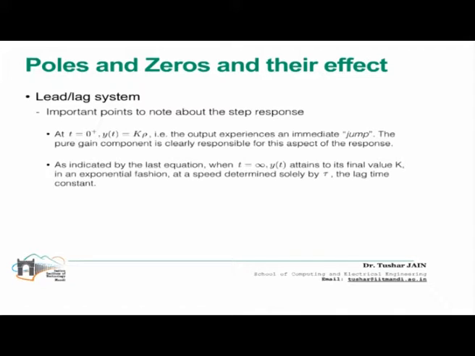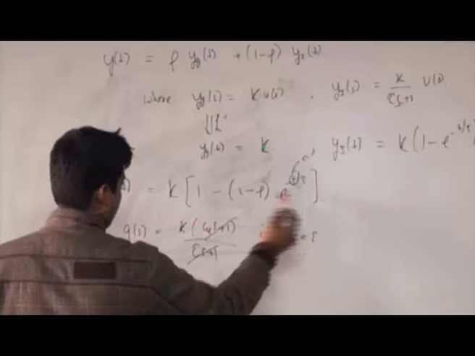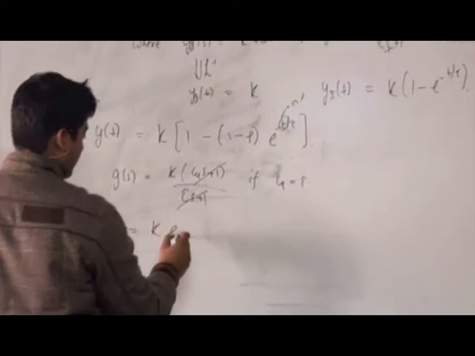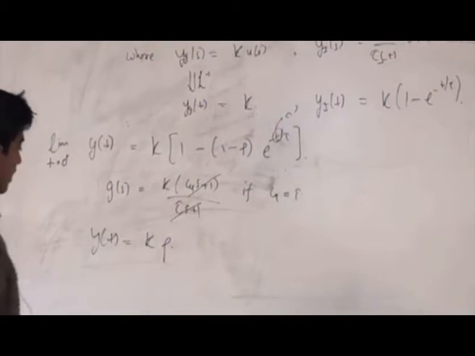Say at t equal to 0 plus, y(t) is just equal to k rho. You can observe here, if you put the limit t tends to 0 plus, what will happen? This will go to 0 and this one will cancel out and you will have this k rho only. So this is what you call a jump.